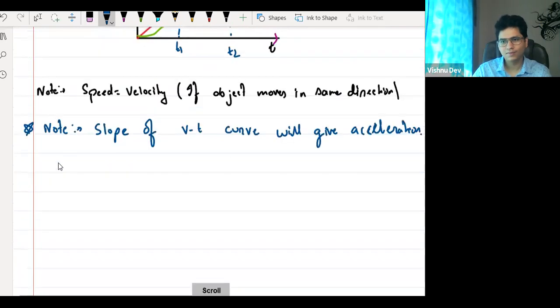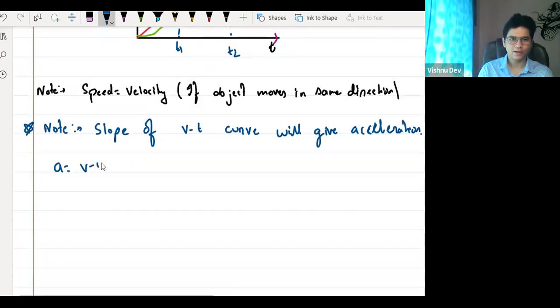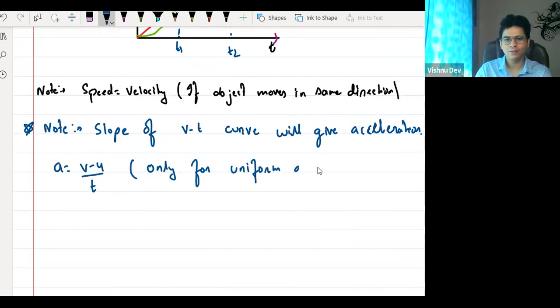But the formula a is equal to (v minus u) by t, this is only applicable for which kind of motion? Tell me. Yes, uniform accelerated motion. Only for uniform acceleration.